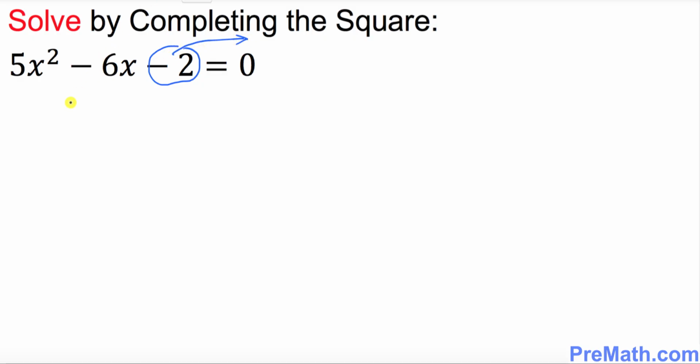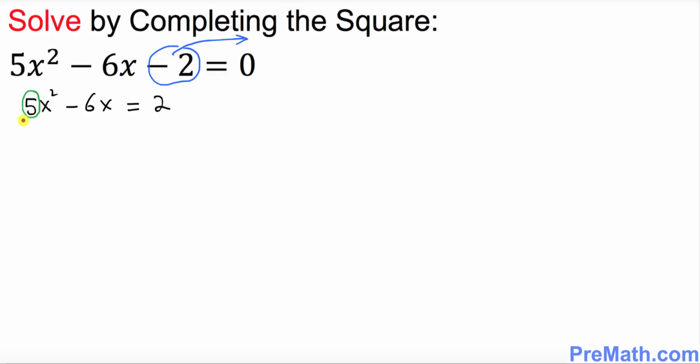So what we are left with right now is 5x squared minus 6x. When you move this -2 to the other side it becomes positive 2. So far so good. The next thing you must be careful about: the leading coefficient over here is 5. This must be 1. So how can we make it 1?